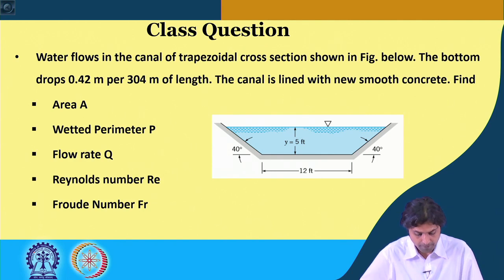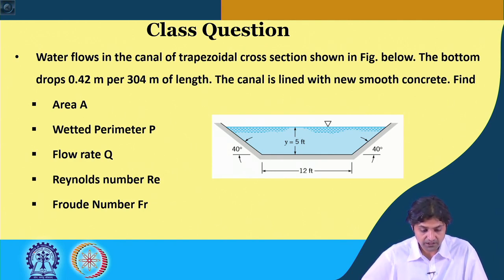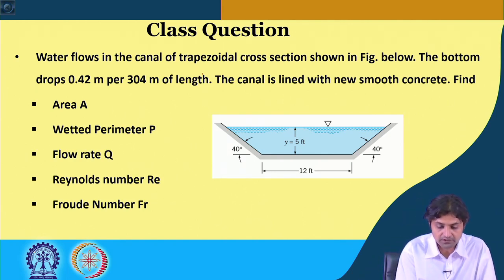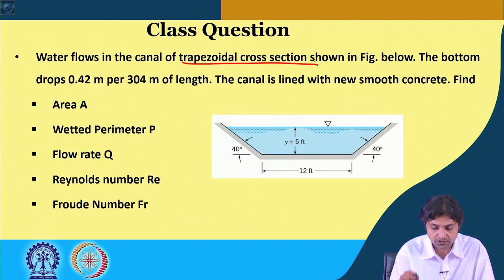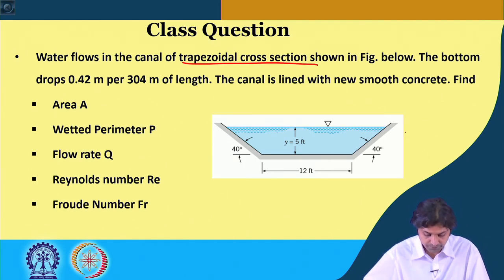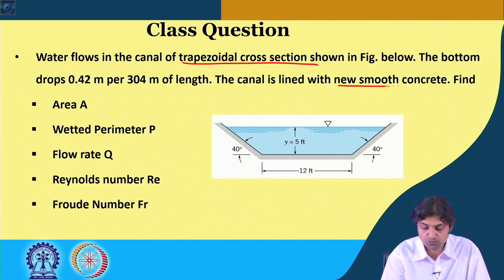You see, the channel is given here, and this is trapezoidal cross section, okay. And it says that the bottom drops 0.42 meter per 304 meter of length, and the canal is lined with new smooth concrete.